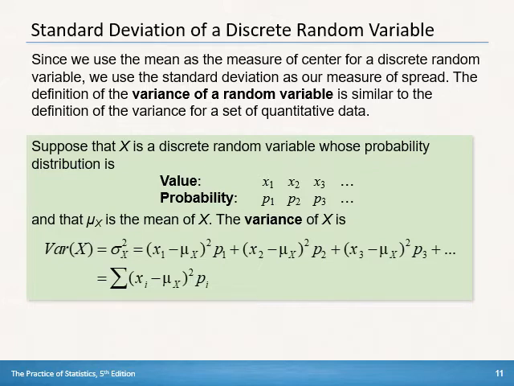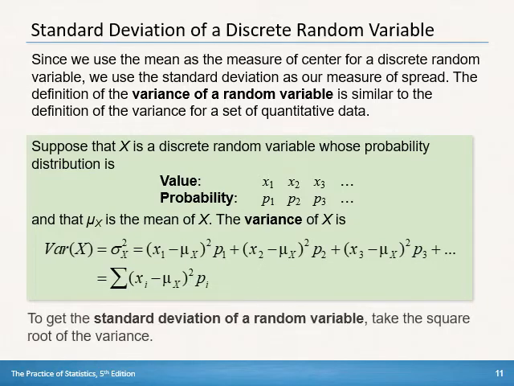So the deviation of the particular x value from the mean, squared, times the corresponding probability for that x value. We do that, add them all up, and that would be the variance. And for the standard deviation, we simply take the square root of that value. Again, we're not going to have to do that very often, especially if we have a lot of different x values.